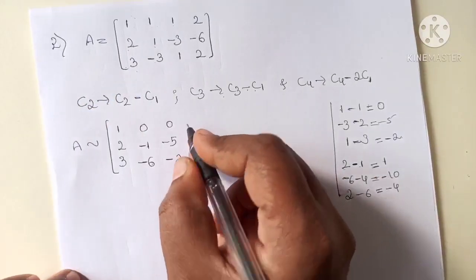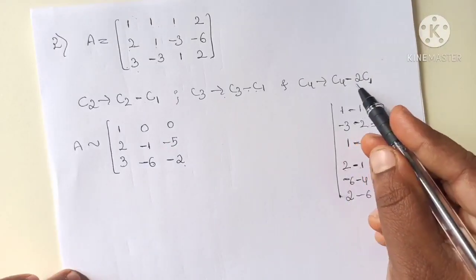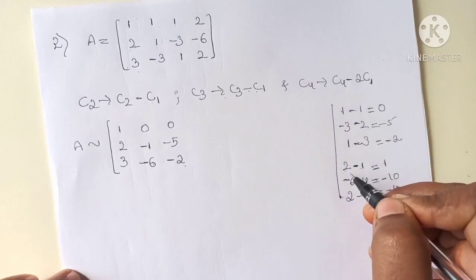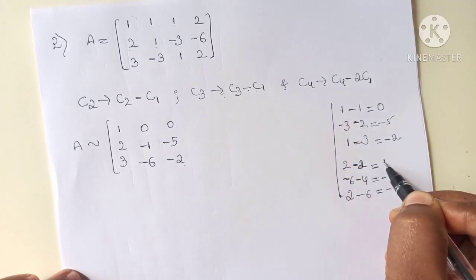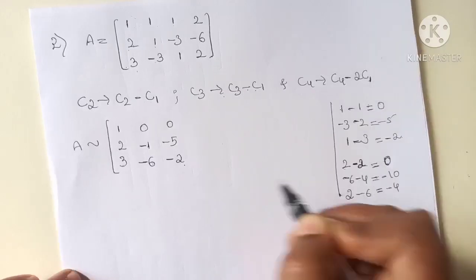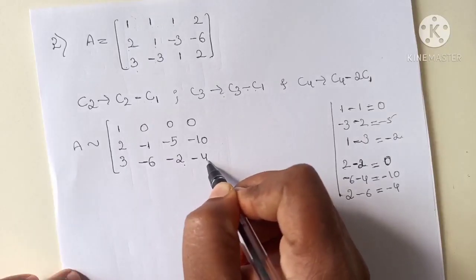Thus C4 elements are 0, minus 10, minus 4.